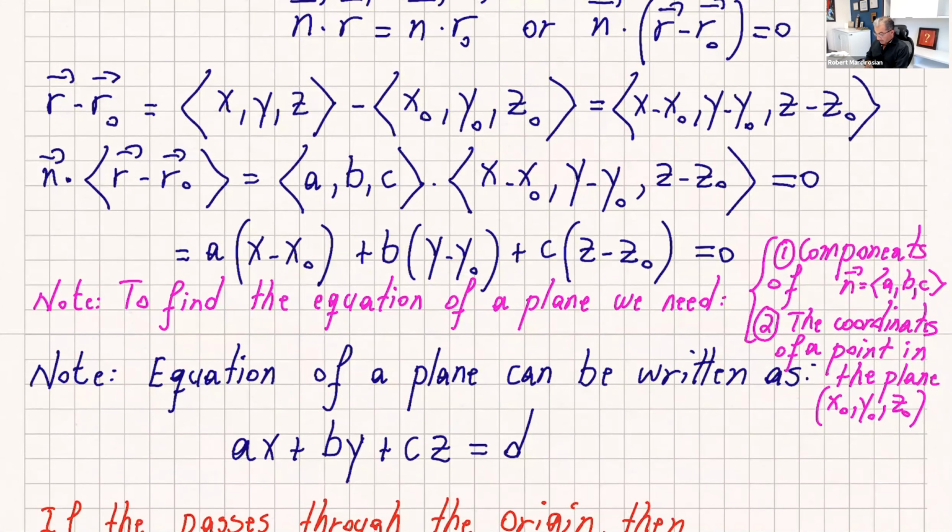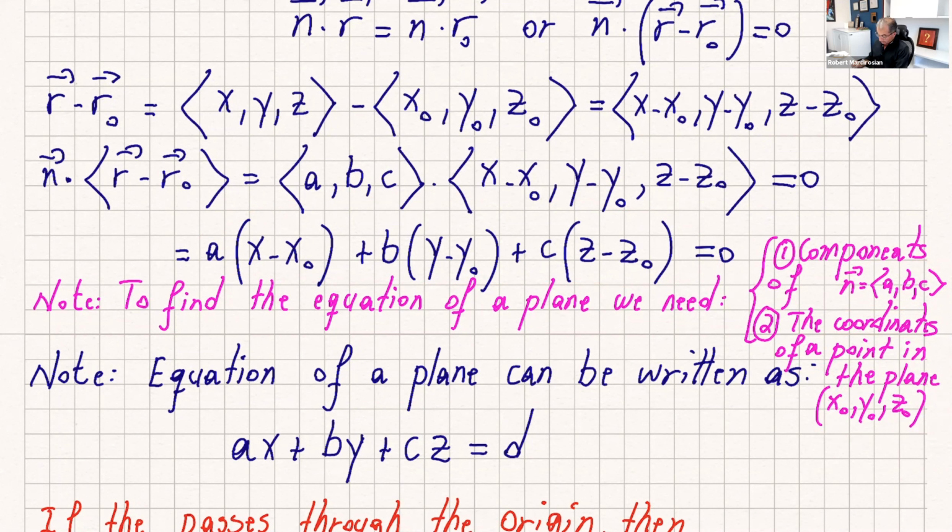Now I put a note here to find the equation of a plane. So this gives you basically the equation of the plane. Now, what do we need to find the equation of a plane? We need the components of n, the normal vector, and the coordinates of a point in the plane, x0, y0, and z0. So these are the steps.